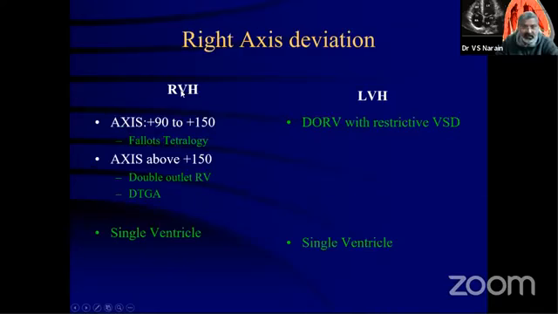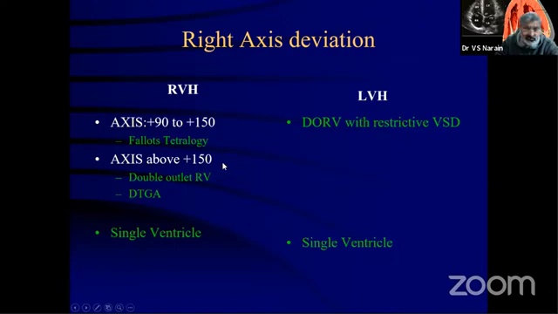So left axis deviation with LVH is a great combination to give you a diagnosis of tricuspid atresia. Now, RVH with right axis is the most common combination with all tetralogies, but the degree of axis deviation can help you. If the axis is in the region of 90 to 150, even tetralogy physiology can give you this kind of axis.